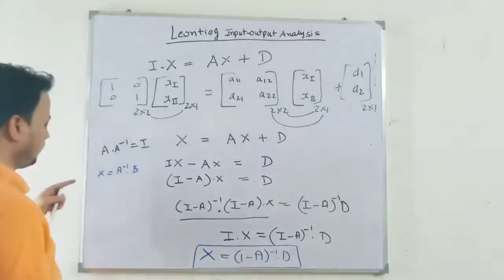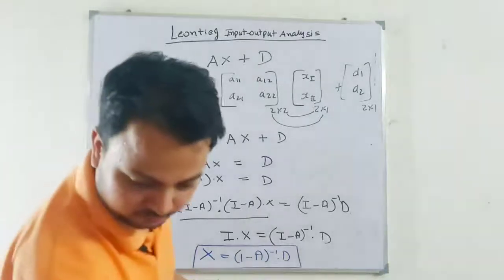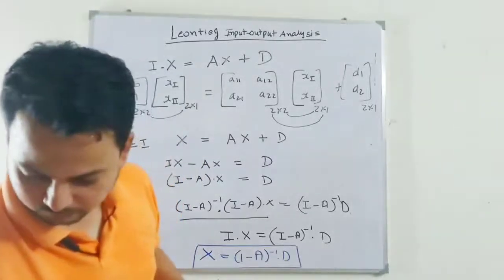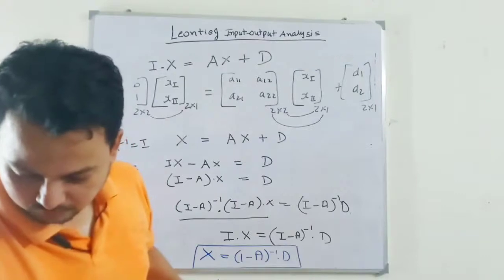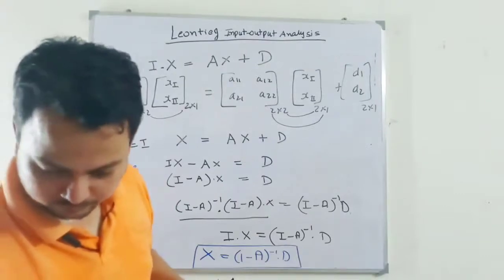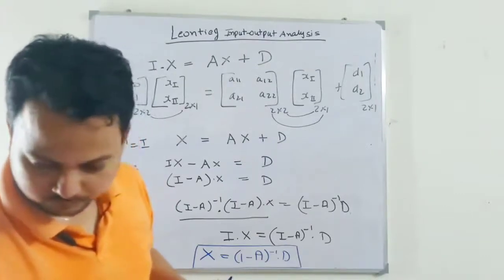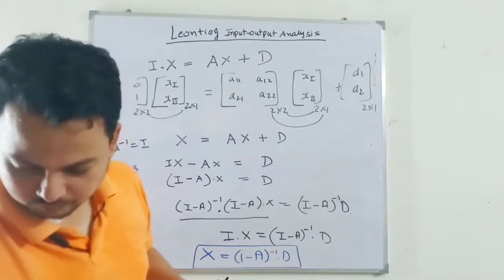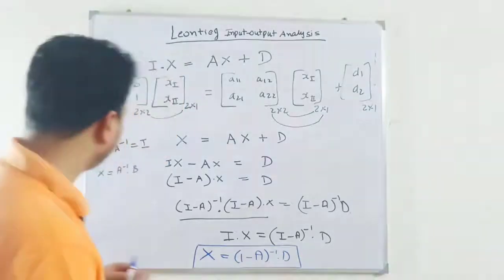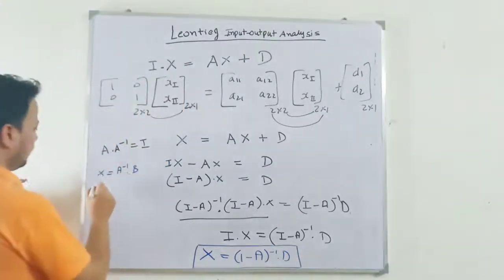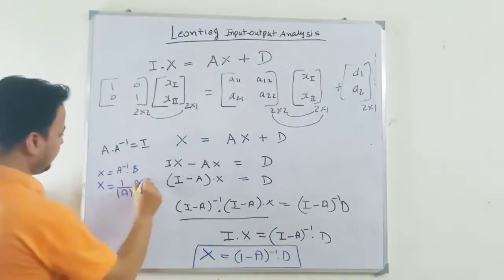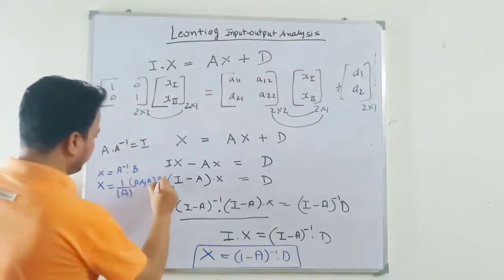I hope this formula is correct. Let me check. Okay, so this X you write down as 1 over determinant of A into adjoint of A into B, right?